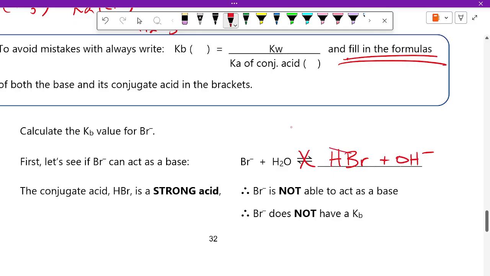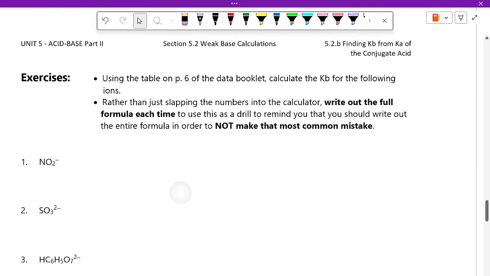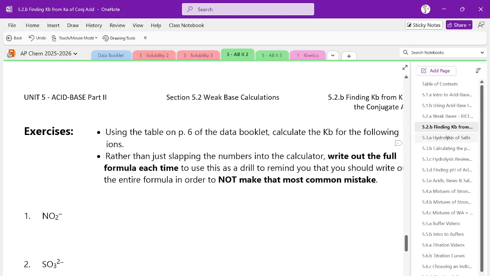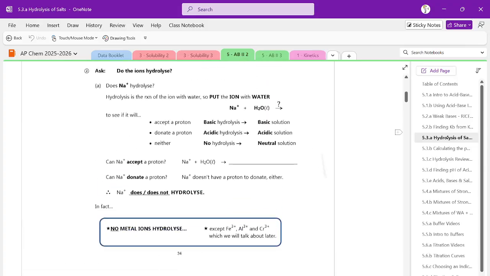No. Why is that? Because HBr is a strong acid, so Br minus is not able to act as a base, therefore Br minus does not have a Kb. And then there are some exercises here. We're going to go on to page 34.